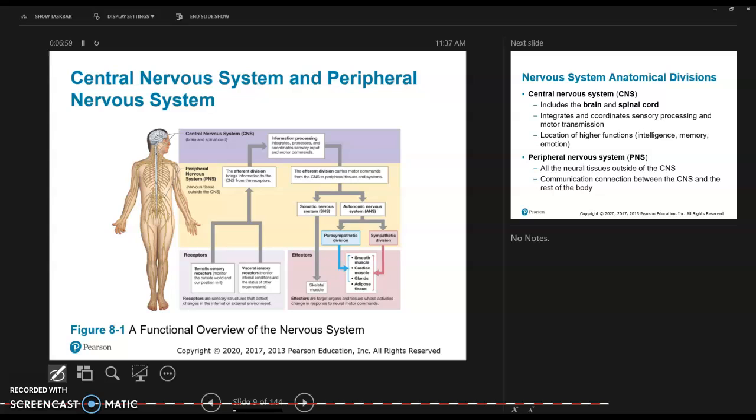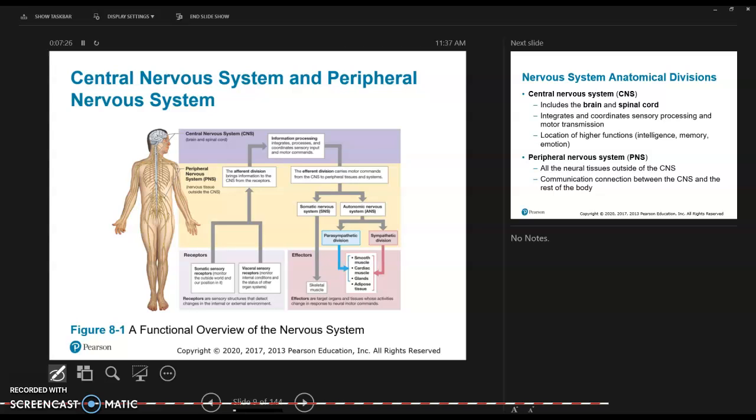They affect smooth muscle of our blood vessels, our digestive tract, our respiratory tract, urinary tract, smooth muscle that lines these, cardiac muscle in the heart, glands, and adipose tissue are all affected by the autonomic nervous system, but the parasympathetic and sympathetic just cause different effects.